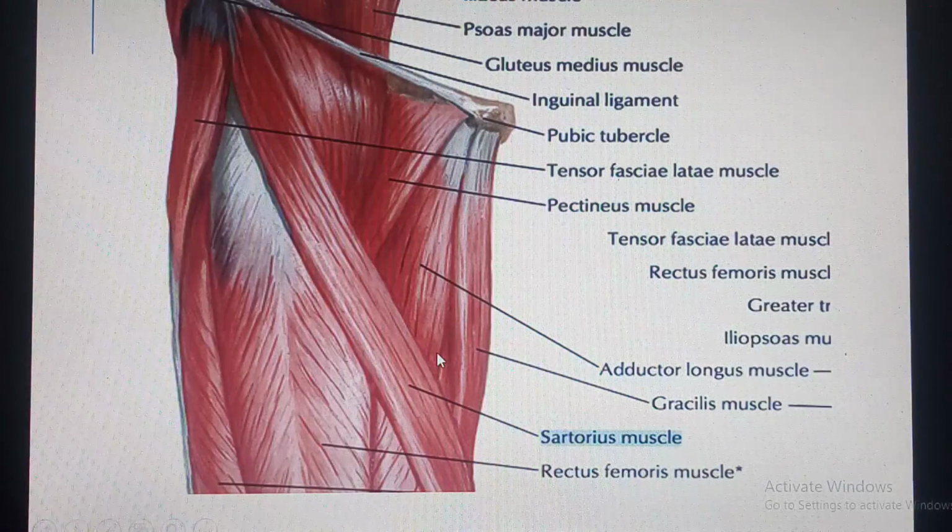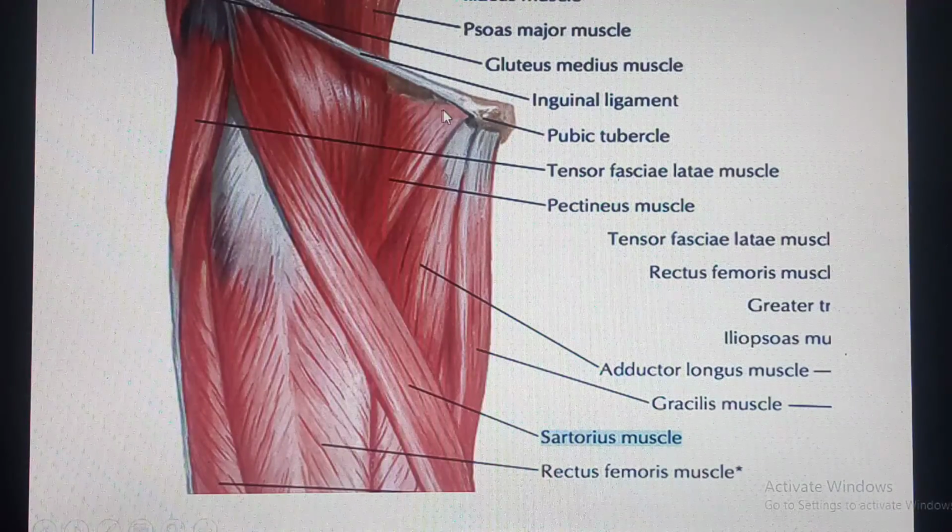Now for the floor, from medial to lateral, even the adductor longus muscle, whose medial margin forms the medial border of the femoral triangle, will also form part of the floor, from medial to lateral. So adductor longus muscle.